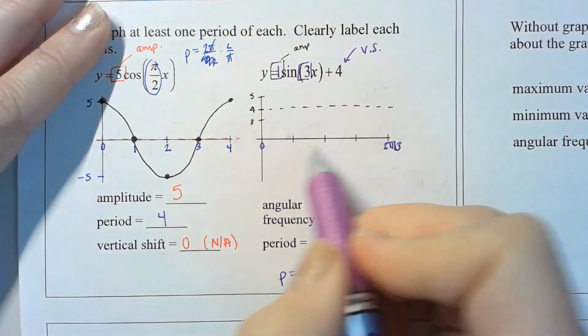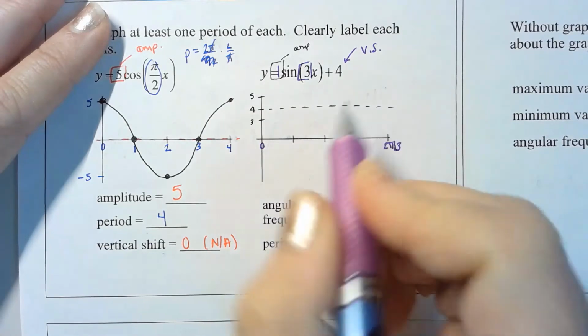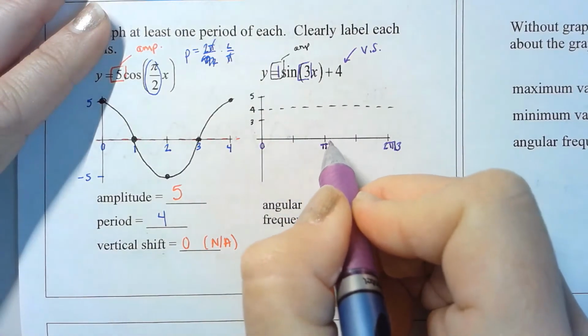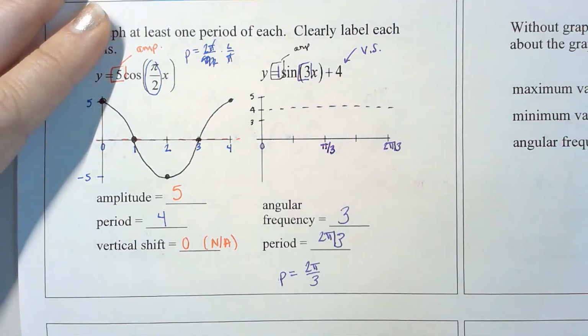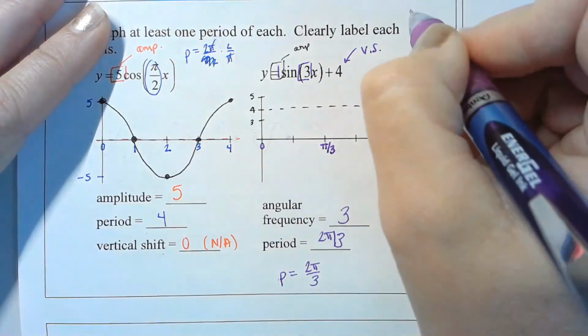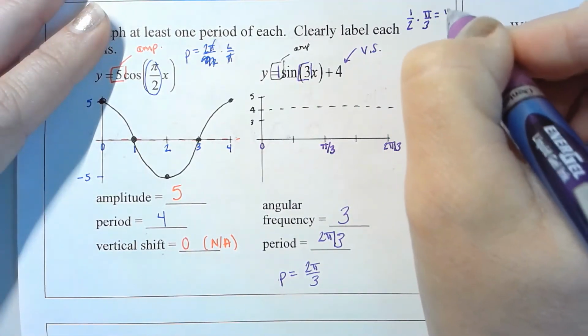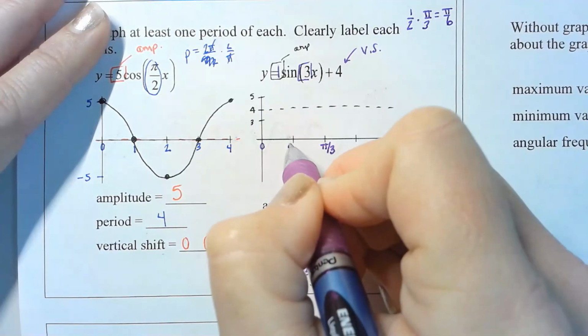Well, we cut that in half to find the middle. Half of 2 pi over 3 is just 1 pi over 3. Then I want to cut that in half to find the middle of these two. Half of pi over 3 is pi over 6.